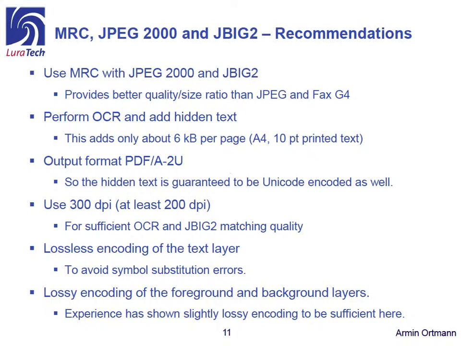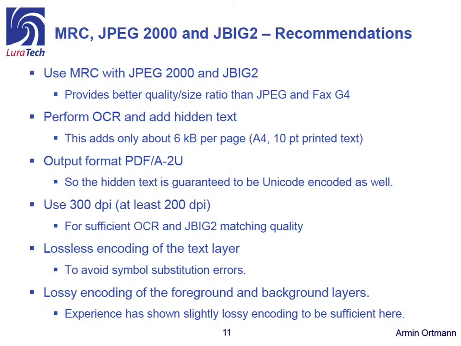A lot of this is half the amount of pixels as that is on a page, but a lot of that overhead can be compressed out by our software, but still the documents look a lot better because the JBIG2 matching and also the OCR quality really profit from the higher resolution.